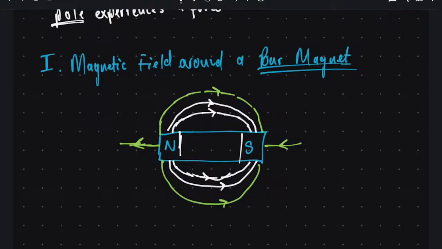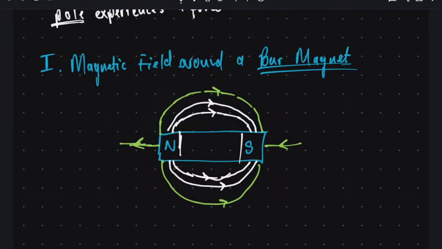This is the field line around a bar magnet. Are we together? Laura, are we together? These are the fields around a bar magnet.